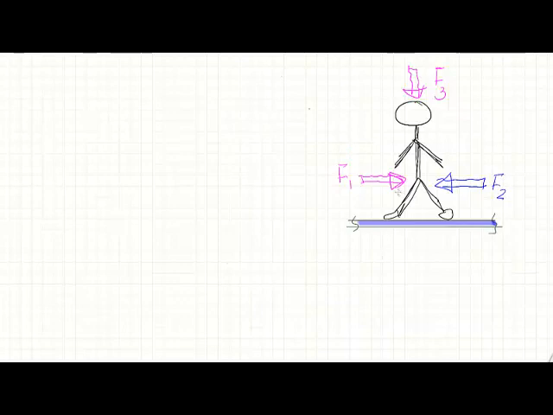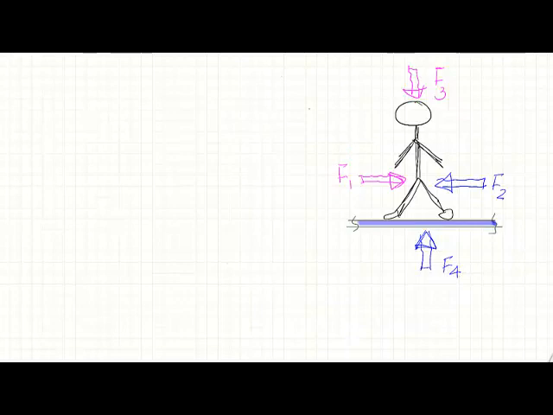The same thing happens for the weight of the person. For F3 to be balanced out, there must be a resisting force from the opposite direction, equivalent in value and opposite in direction, and let's call this F4.